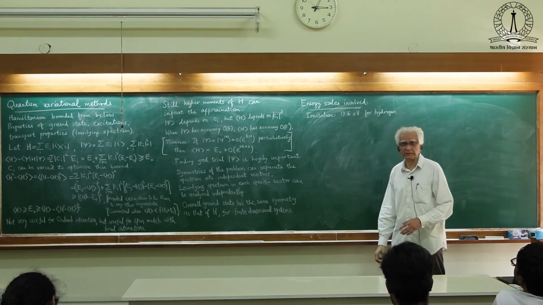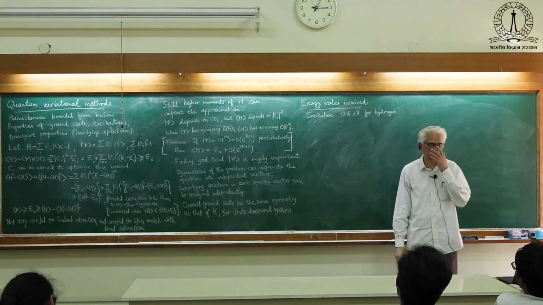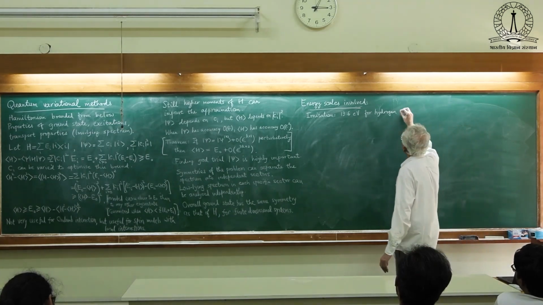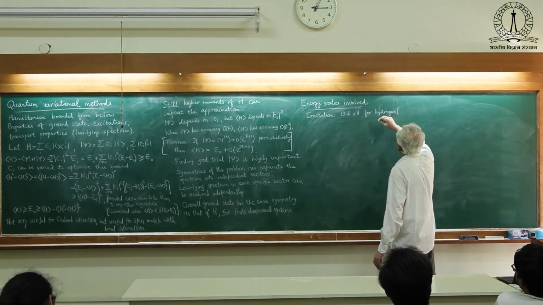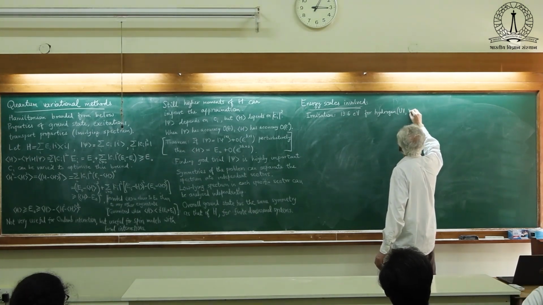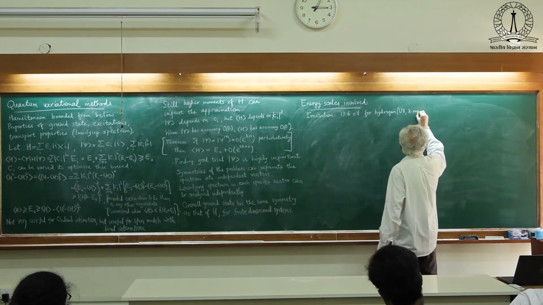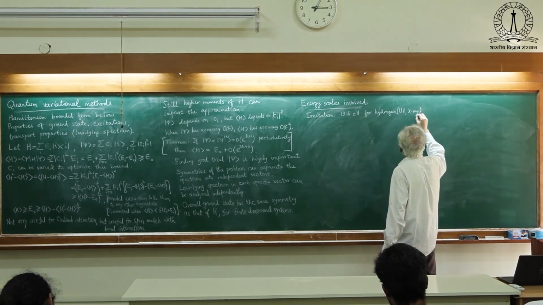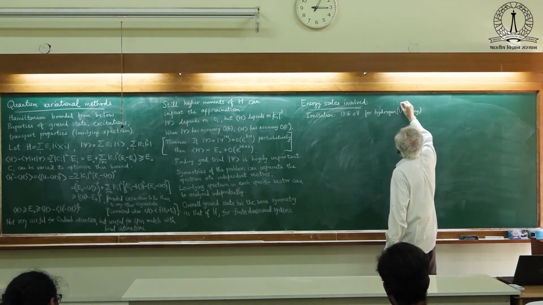For hydrogen, we know that the energy is 13.6 electron volt. And in general, these ionization energies are in the UV and X-ray spectrum. This is in general.